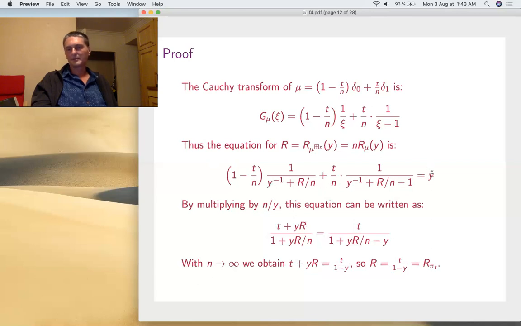So multiply by n over y, and then one of the factors, maybe the left one, you put on the right side here. And you get exactly this. The left term here is y minus this guy after multiplication by n over y, and the term here is exactly here, once again after multiplication.